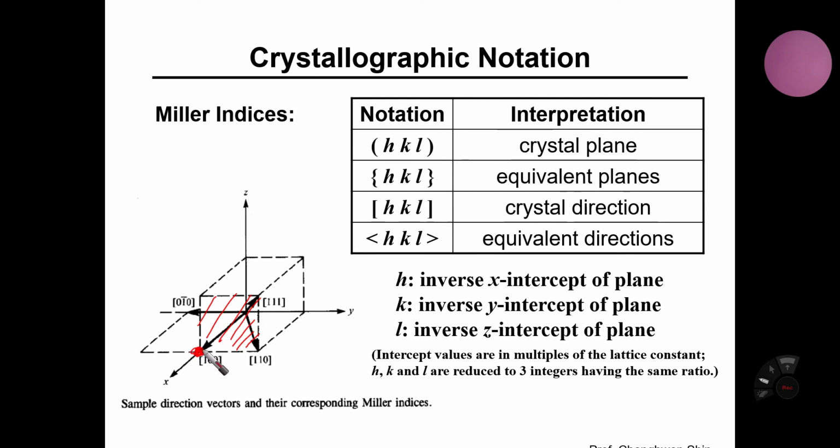What about the y-intercept? Since this plane is running in parallel with the y-axis, the y-intercept is infinity. What about the z-intercept? Since this plane is running in parallel to the z-axis, the z-intercept is infinity. So only the x-intercept is here. What is the value for this point?